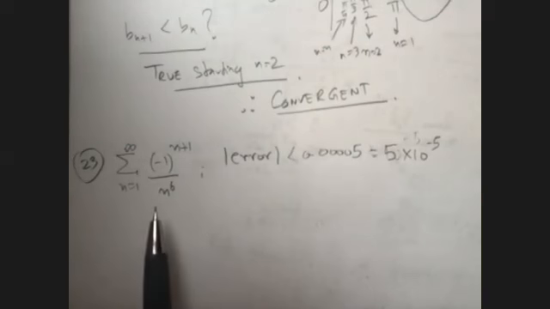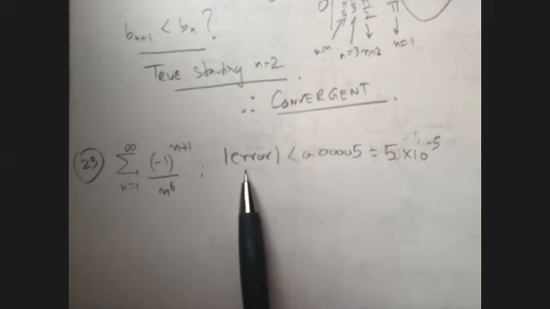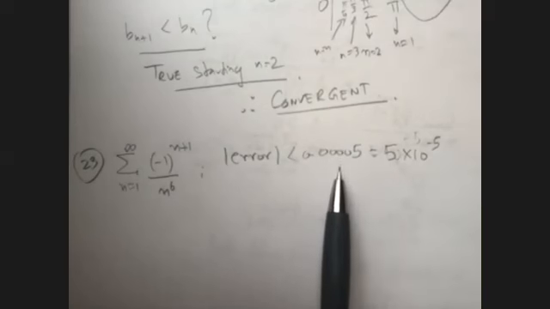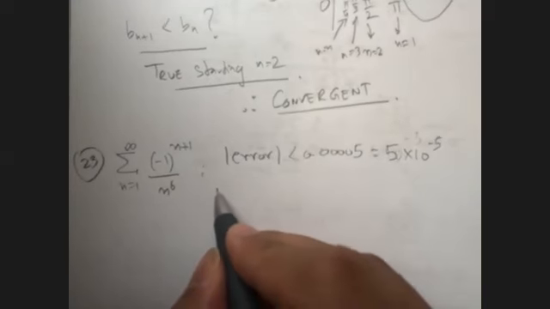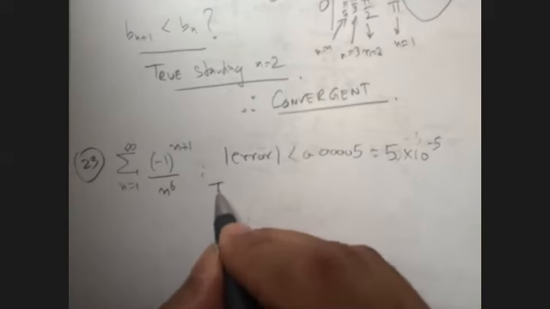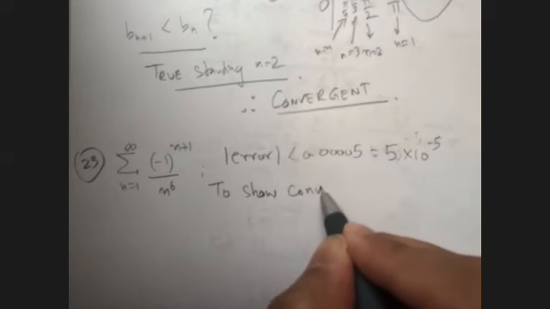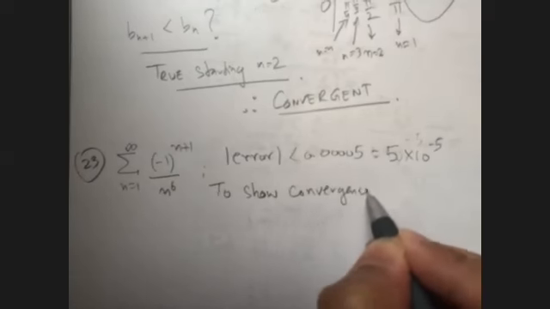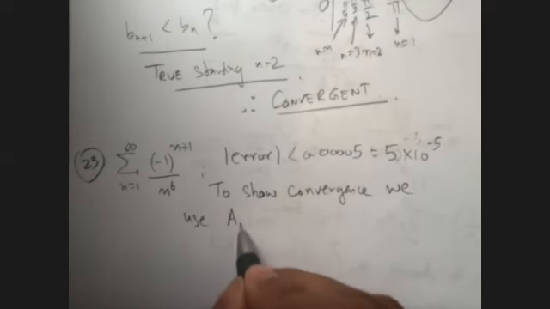So we have to show that this is convergent, and then we have to find n such that the error in the sum is bounded by this. So let's first show convergence. To show convergence, we use the alternating series test.